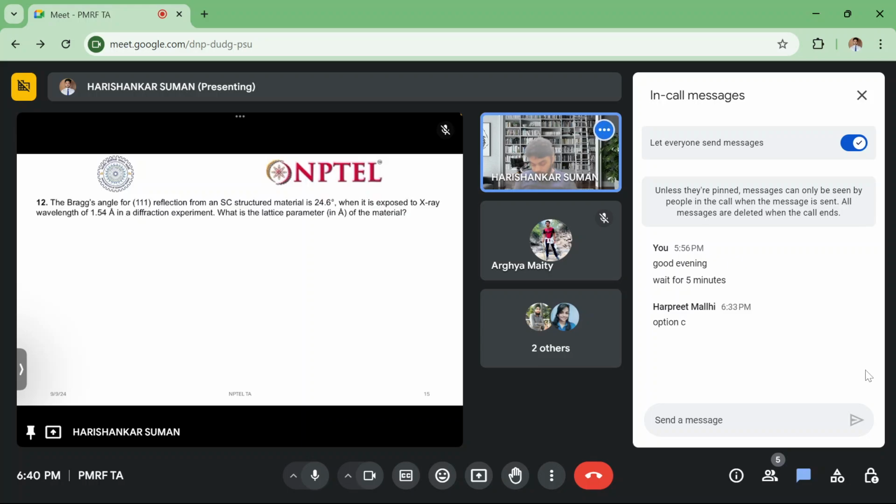Next question. The Bragg angle for the 111 reflection plane from a simple cubic structure material is 24.6 degrees when it is exposed to X-ray of wavelength 1.54 angstrom in a diffraction experiment.